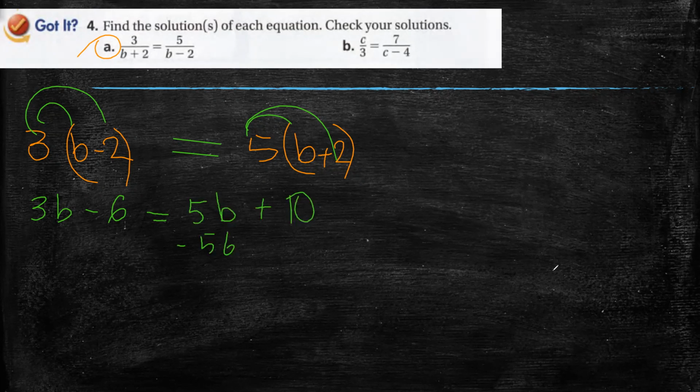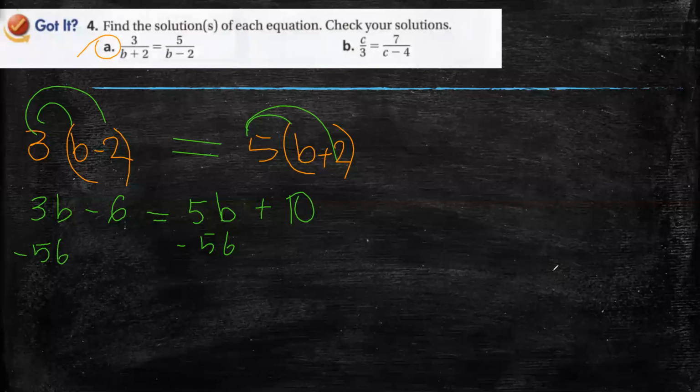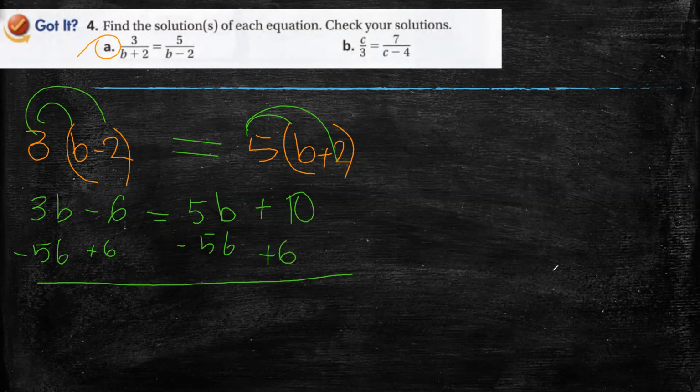We need minus 5b and plus 6 on both sides. So 3b minus 5b is negative 2b, minus 6 is equal to 10.